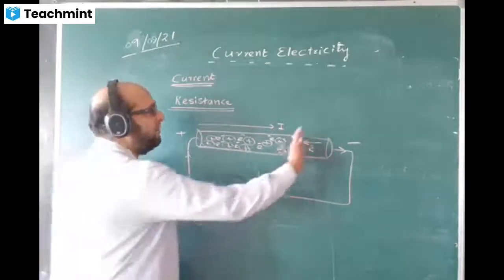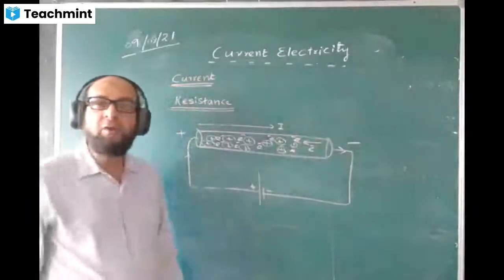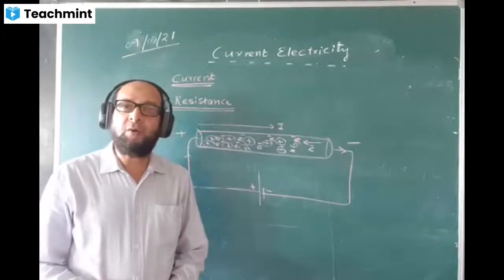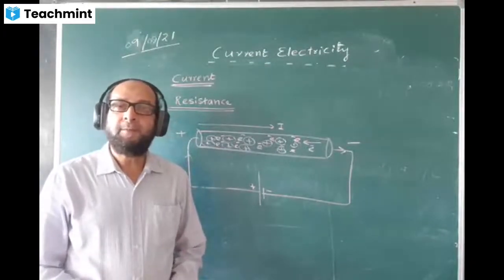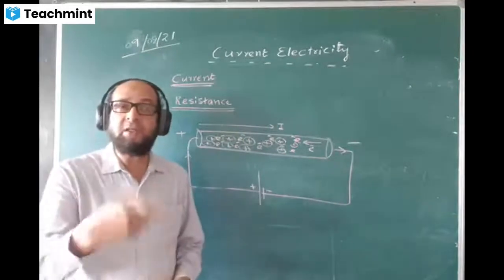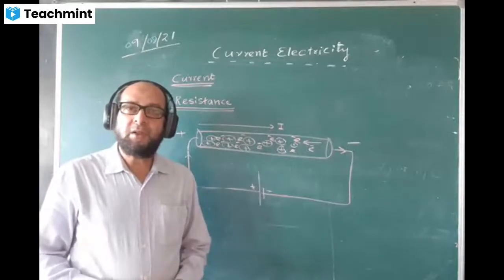When the electrons move, they will collide with the positive ions. Due to the collisions, there will be obstruction to the flow of current, and that is called resistance. More the collisions, more the resistance; less the collisions, less the resistance. Definitely there will be collisions.